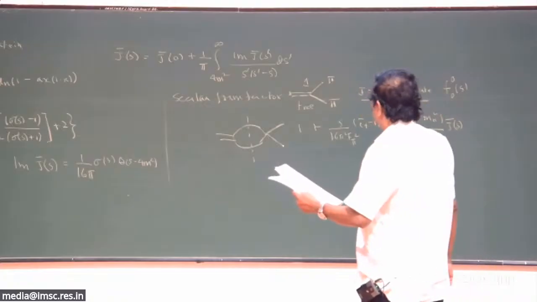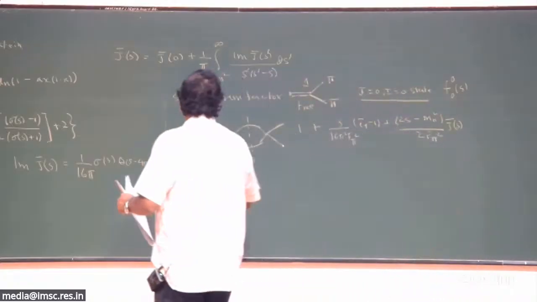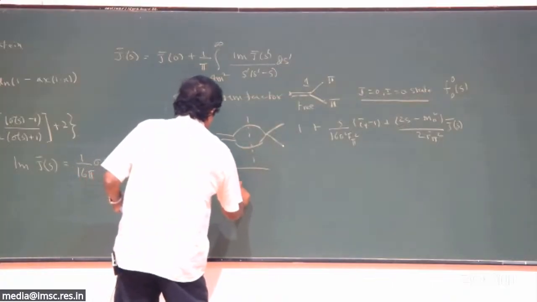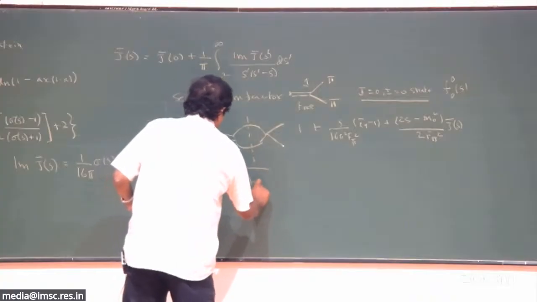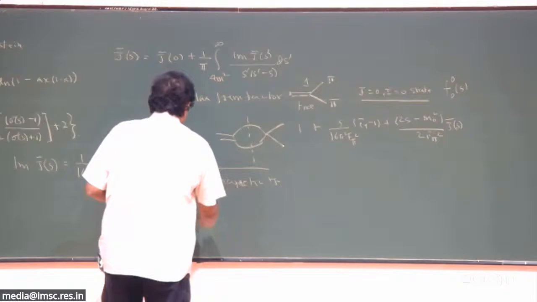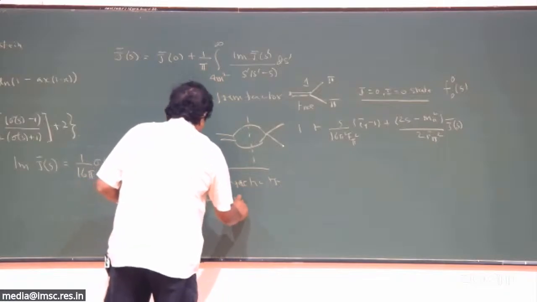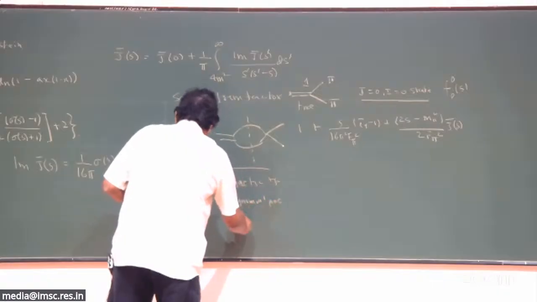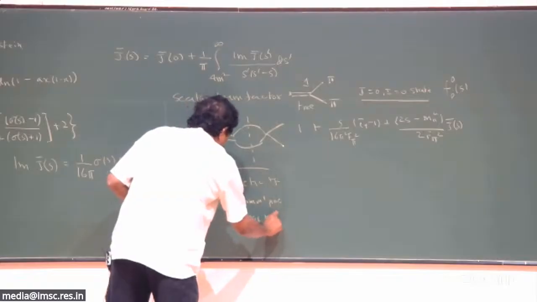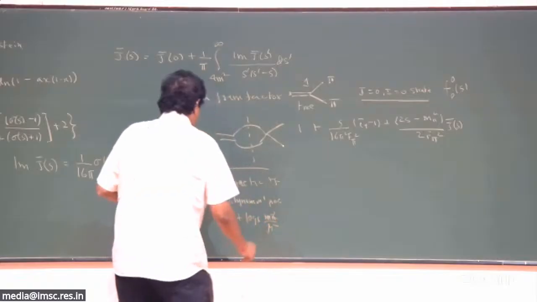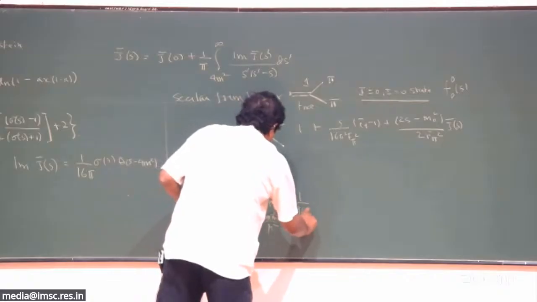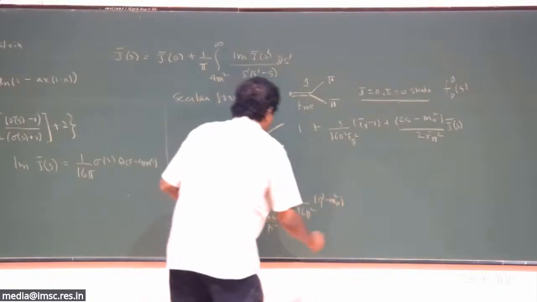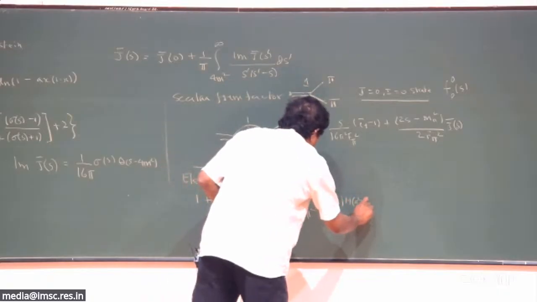Before I do that, I also want to say a little bit about the electromagnetic form factor. It has 1 plus various polynomial pieces, plus logs in m pi squared by mu squared, etc., plus 1 by 96 pi squared times q squared minus m pi squared times h of q squared by m pi squared.